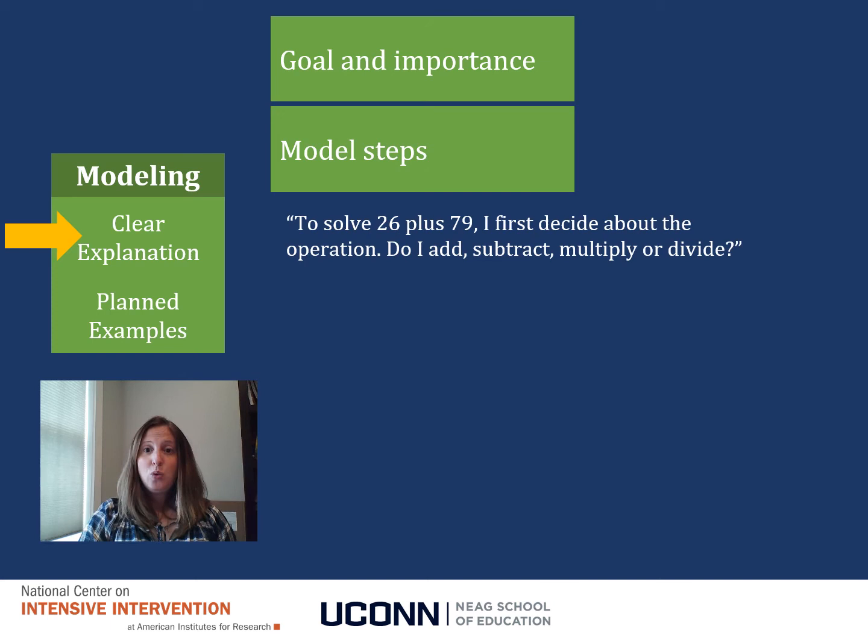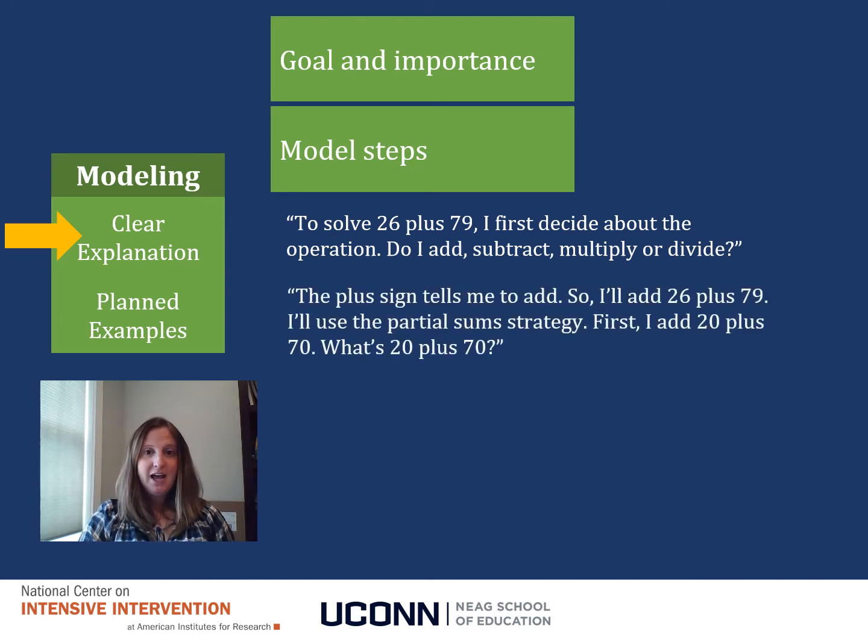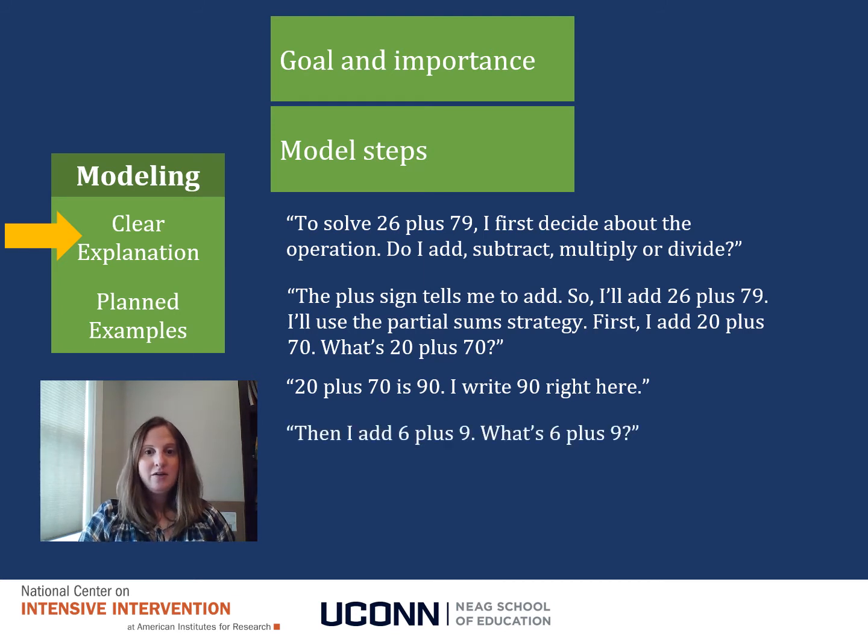To solve 26 plus 79, first I decide about the operation. Do I add, subtract, multiply, or divide? The plus sign tells me to add, so I'll add 26 plus 79. I'll use the partial sum strategy. First, I add 20 plus 70. What's 20 plus 70? 20 plus 70 is 90, so I write 90 right here.